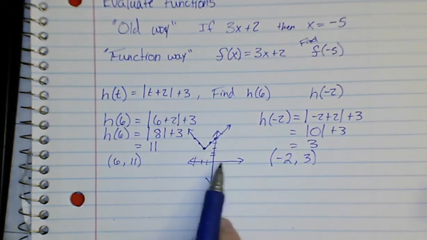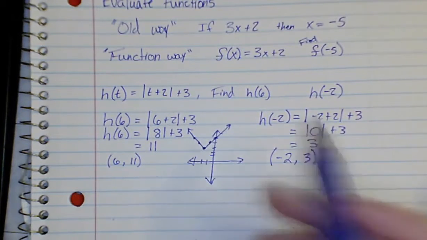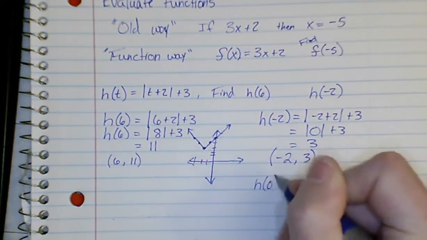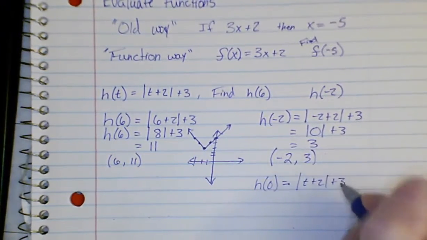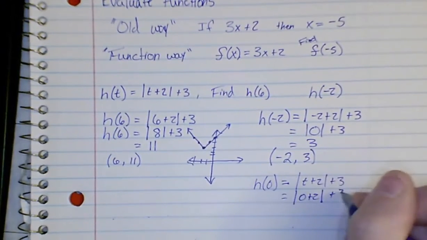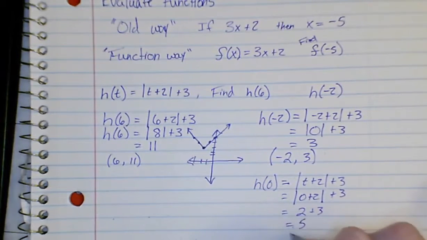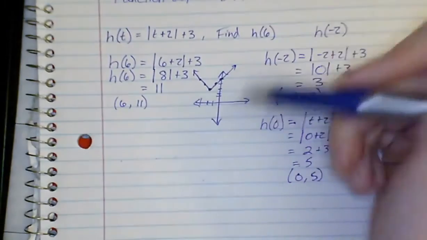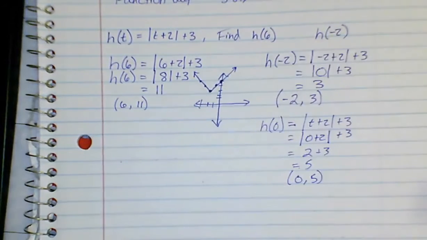At 6, we will be all the way at 11. How about h of 0? We have absolute value of 0 plus 2, plus 3. 0 plus 2 is 2. Absolute value of 2 is 2. We get 5. So that means 0, 5 is a solution. If you look, here's 0, here's 1, 2, 3, 4, 5, and there is a point on that line.